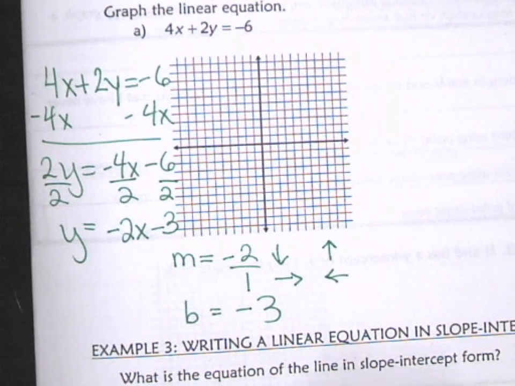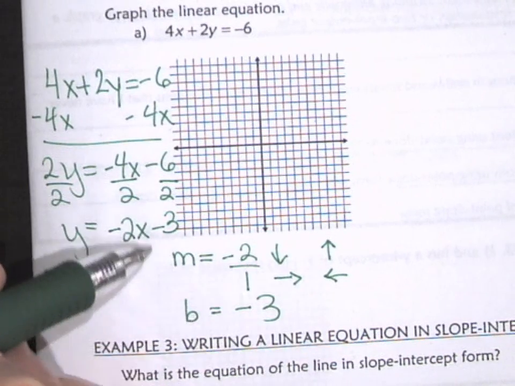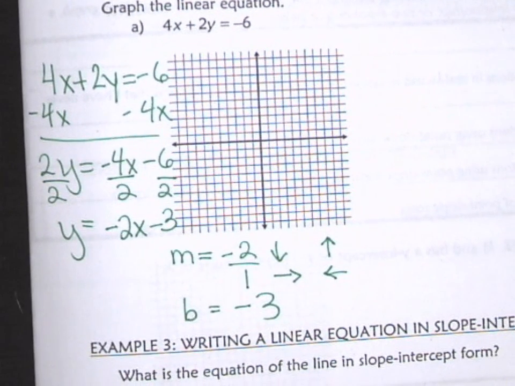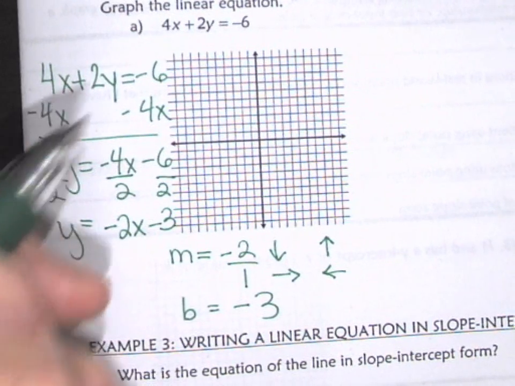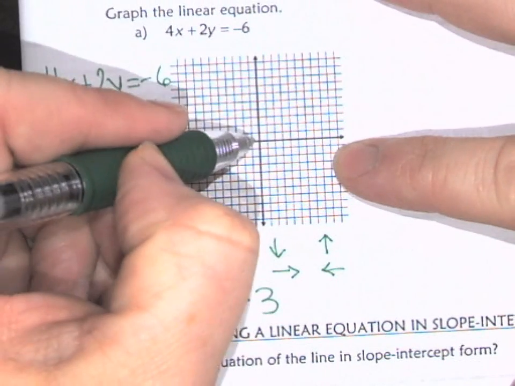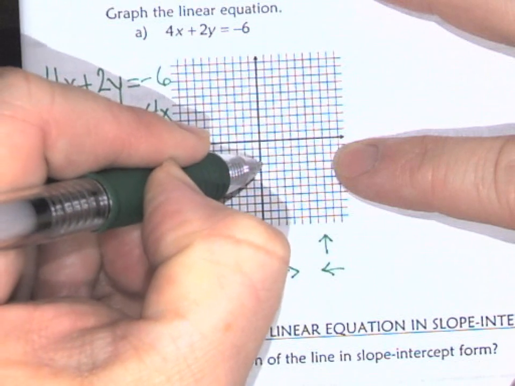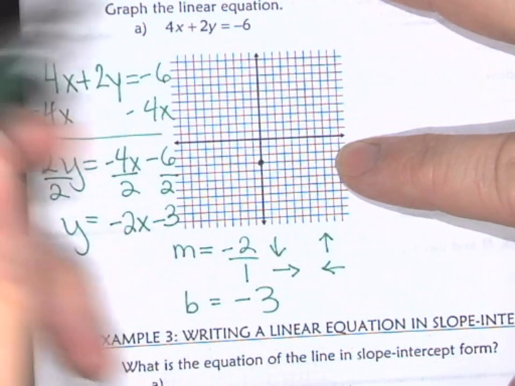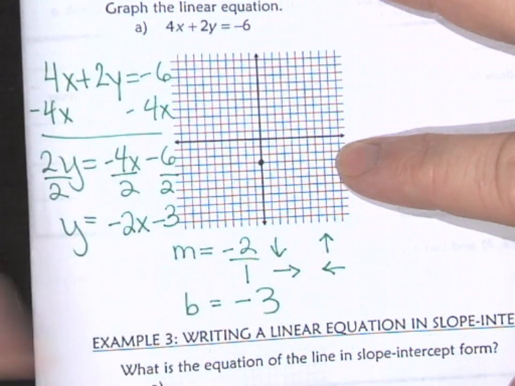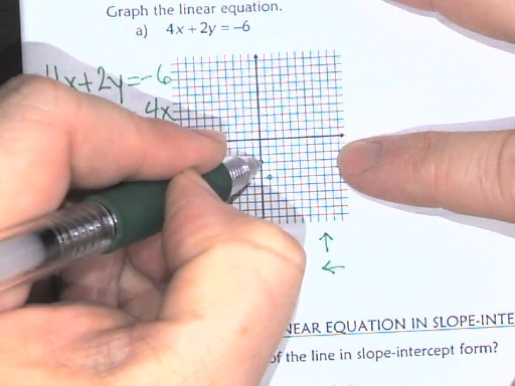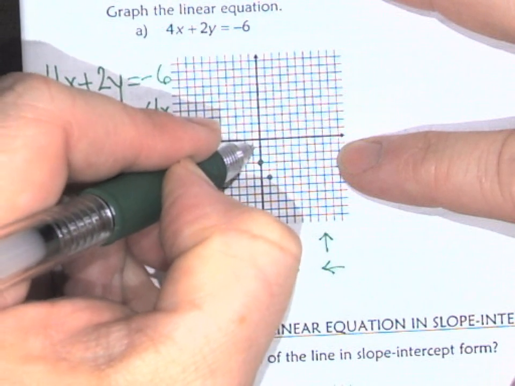So if you see, my equation was supposed to have a plus b. Because it's minus 3, that means my intercept is a negative number. So I'm going to start with my intercept. And then I'm going to plot using my slope. So 2 over 1, or up 2, back 1.